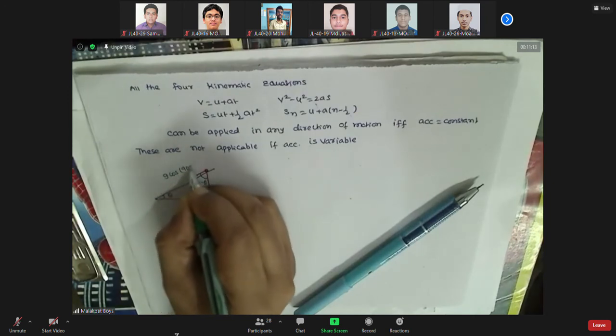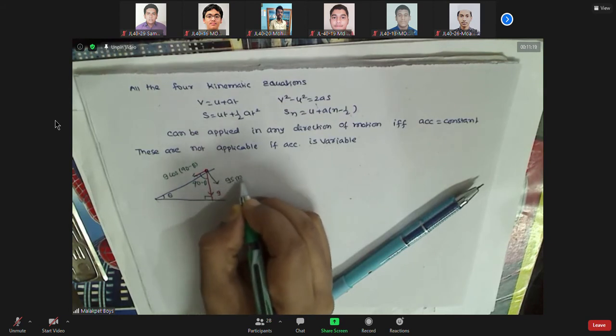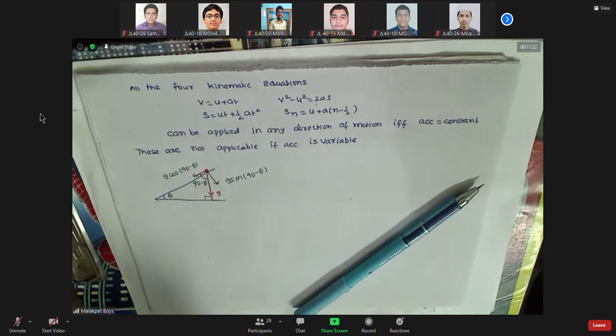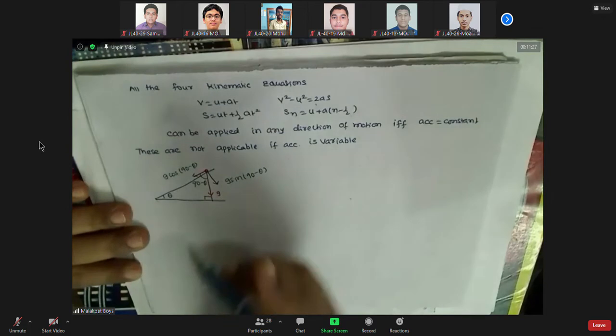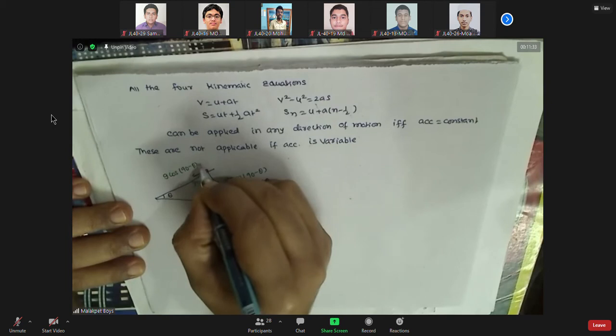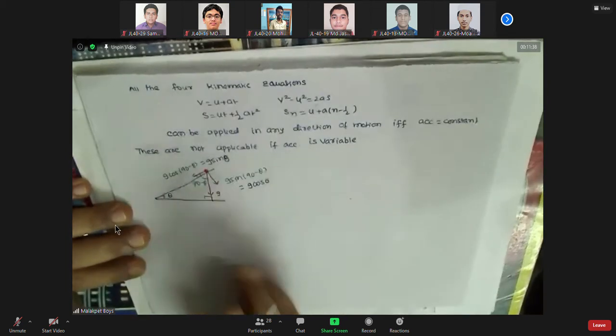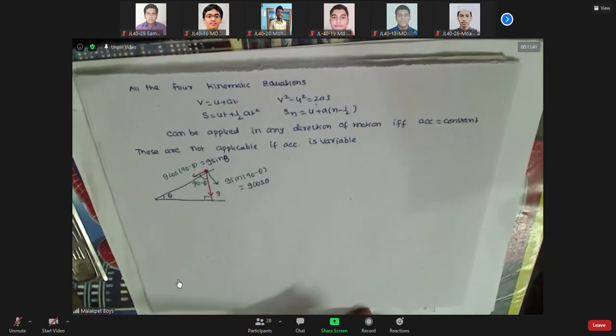The adjacent component is this, and perpendicular to this you have the other component. Is it clear? Agreed?